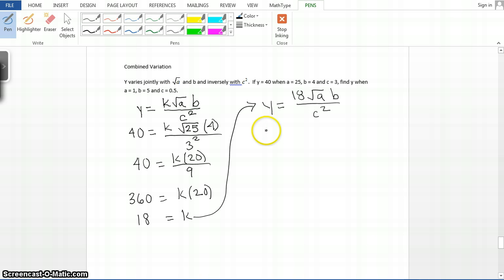So let's plug all those in. Y equals 18 square root of 1, b is 5, and c is 1 half squared. Alright, totally plug all this in your calculator and you will get that y should be 360.